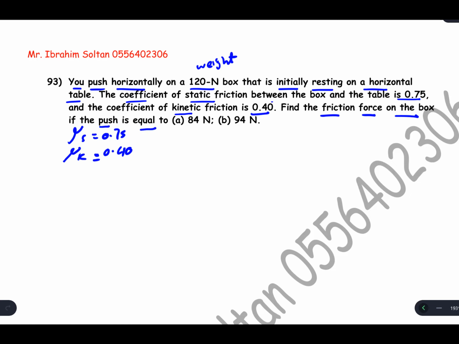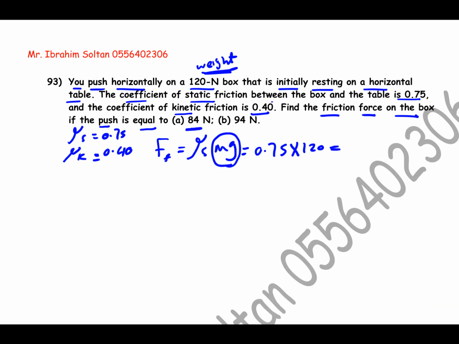If the push is equal to 84, let's calculate the maximum friction force while the object is at rest. So mu s mg equals 0.75 times mg, which is the weight, 120. So the friction force equals 90 Newtons. Hold on, it is 90 Newtons.